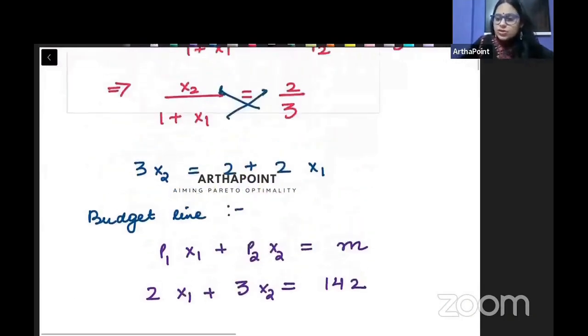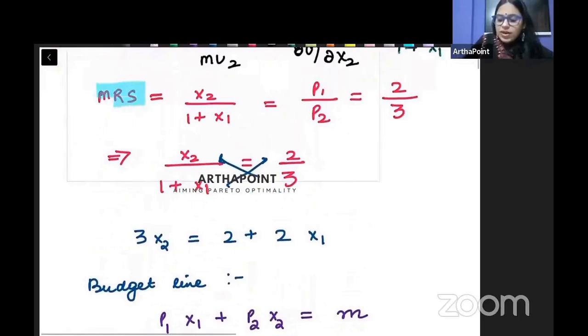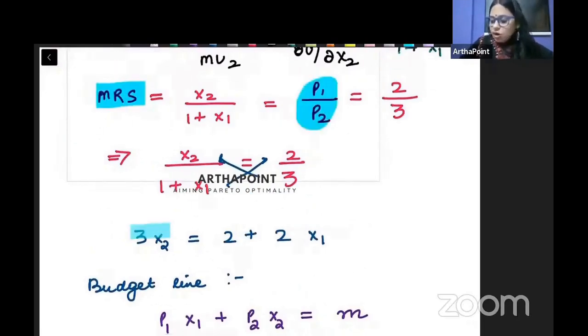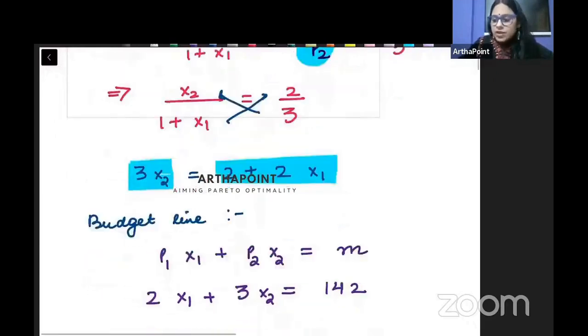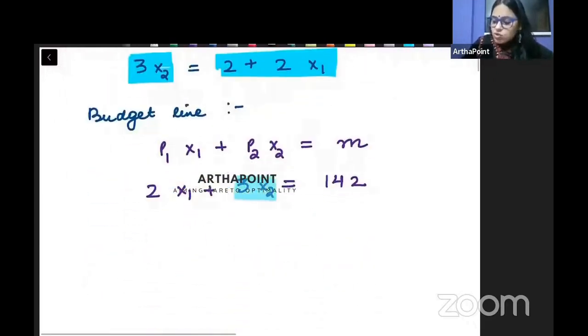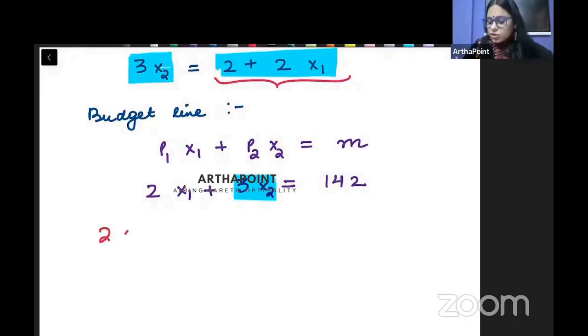Beta, इस equation से, when you have equated MRS to the price ratio, you have got that 3x2 is equal to 2 plus 2x1. तो यहाँ पर 3x2 की जगह पर can I just write 2 plus 2x1? I can write that. So I will write 2x1 and instead of 3x2, I will just put this value.